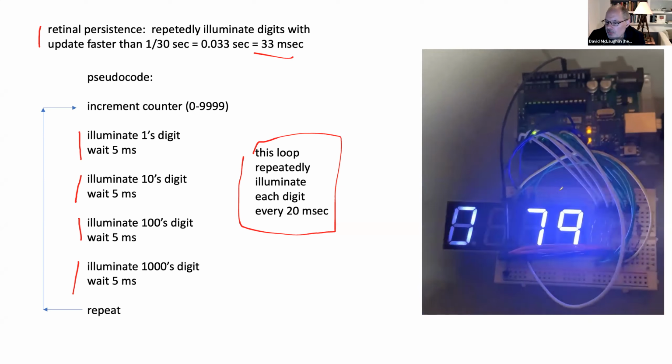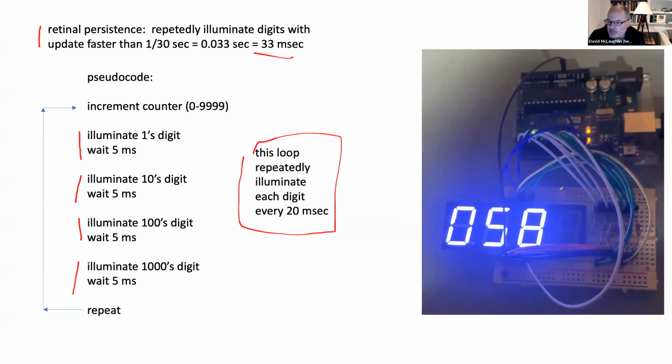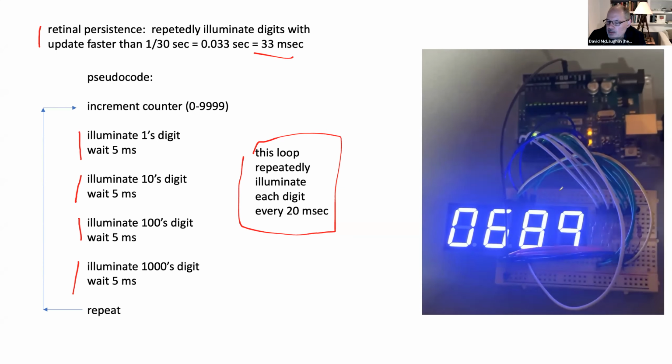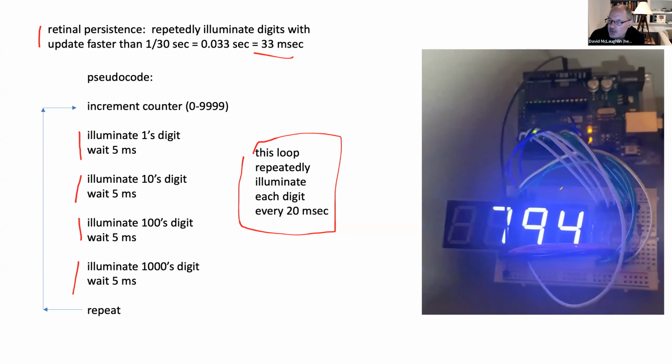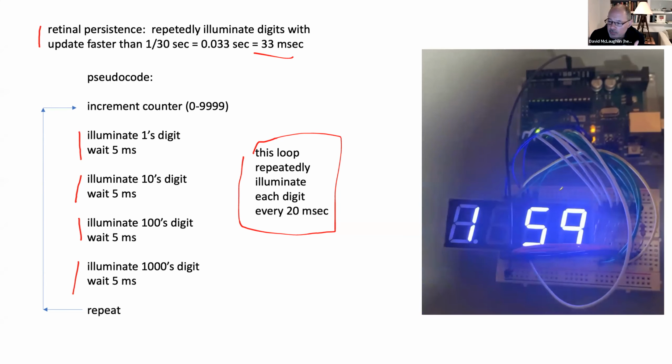So if you look on the left, that 3, that 4, that 5, they look continuous to you. You can't see when these things are shutting off. Each one is only on a quarter of the time, only 5 milliseconds out of 20. But because of this retinal persistence effect, it seems like it's on all the time.